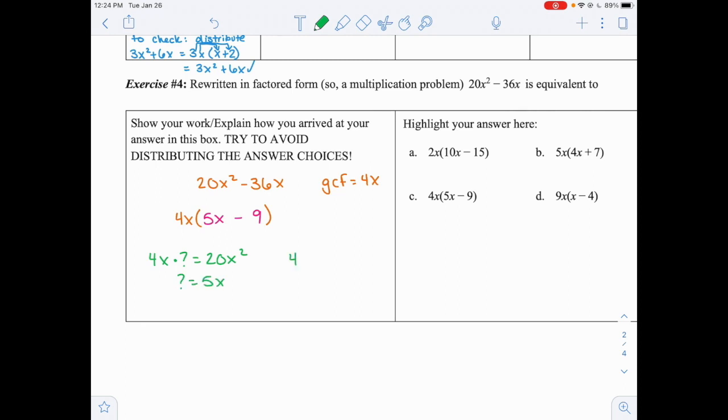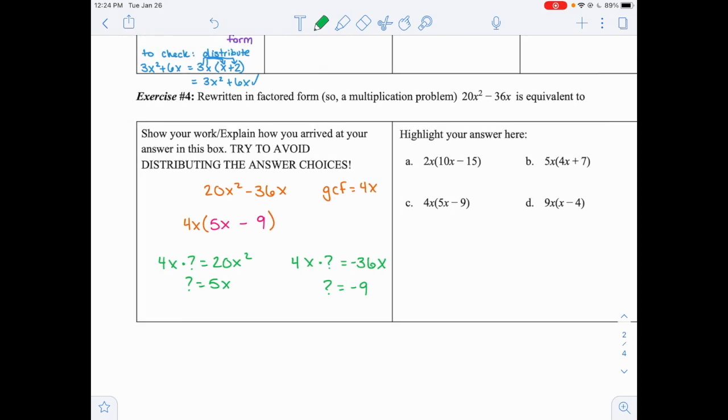There's nothing wrong with writing it out. So it's going to be choice C. And if you actually looked at your answer choices, choice C is the only one with a GCF of 4x, so it could be the only answer.